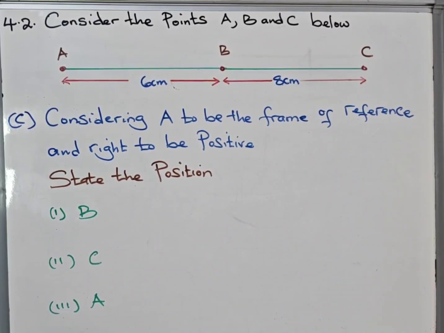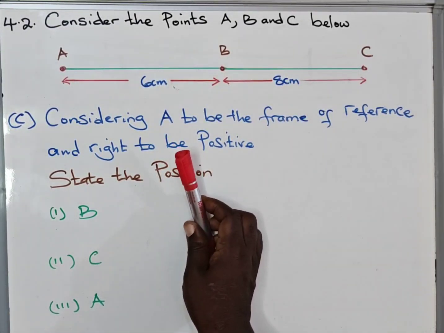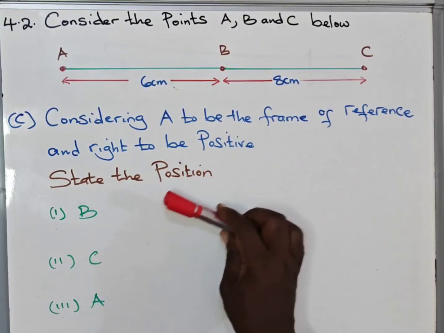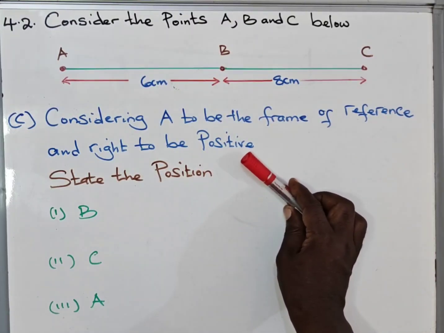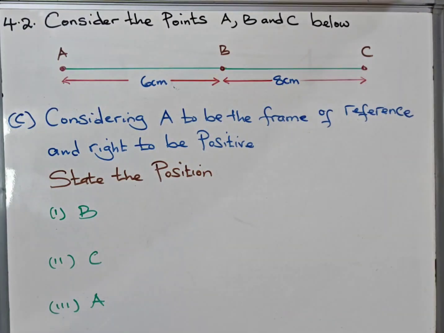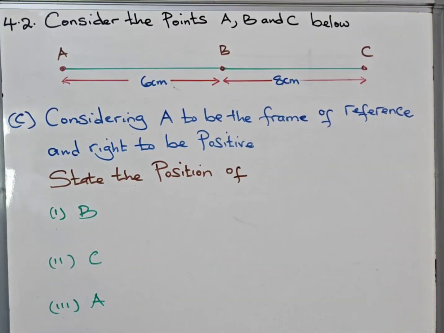Then we come to this one. It says that considering A to be the frame of reference and the right to be positive, state the position of B, C, and A. So what are the positions of these three?